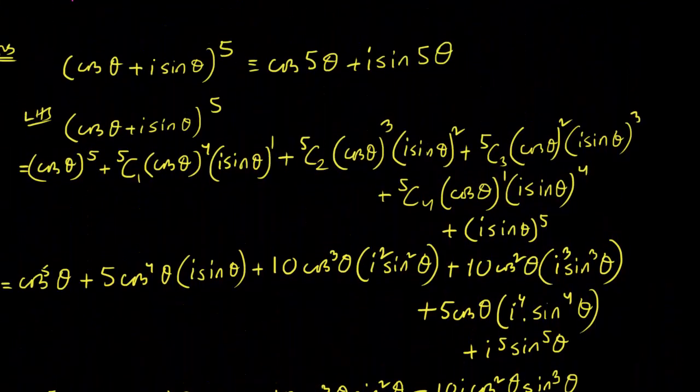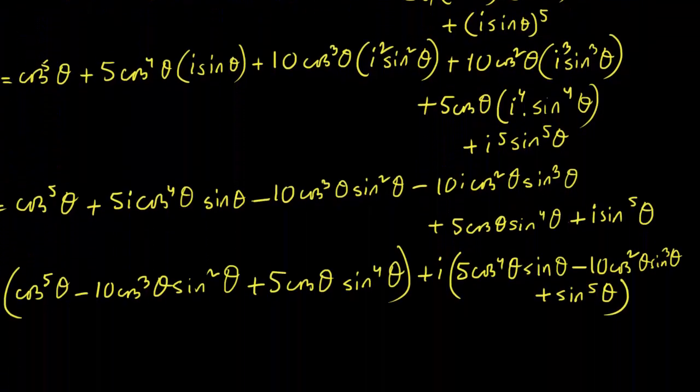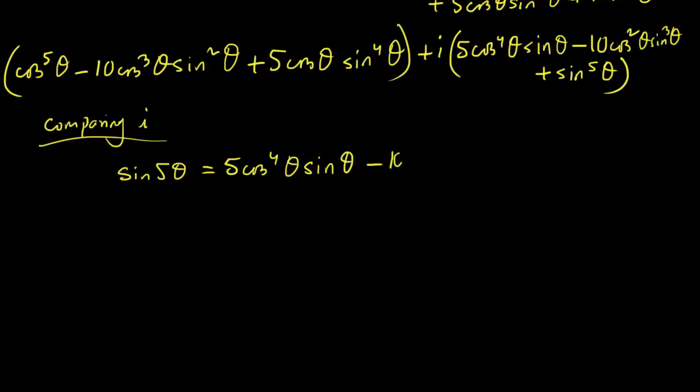Now let's compare the imaginary part because we have to express sin 5θ. So comparing i, sin 5θ is equal to 5 cos to the power 4 θ sin θ minus 10 cos squared θ sin cubed θ plus sin to the power 5 θ.